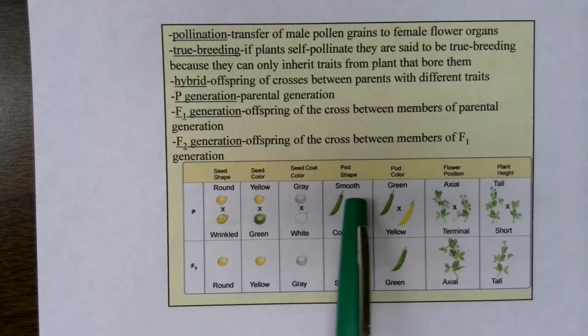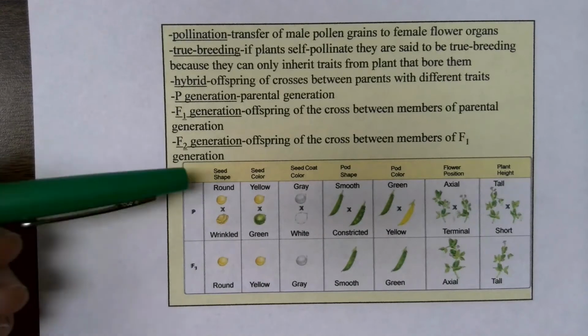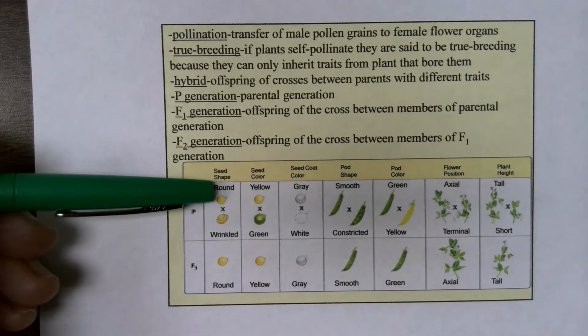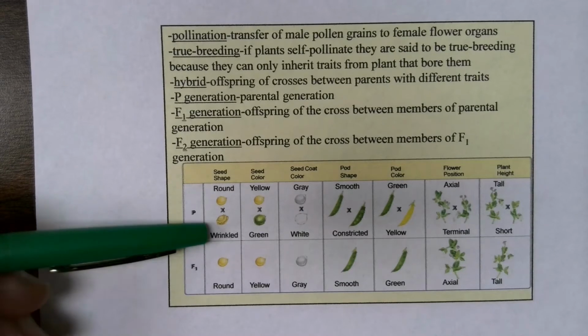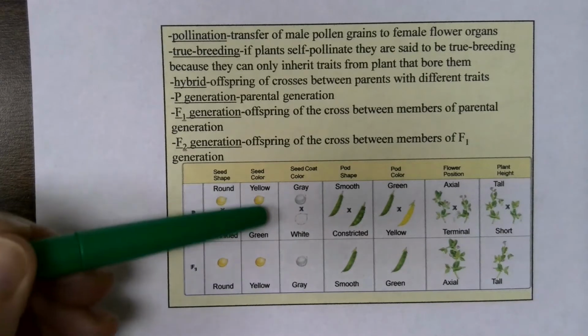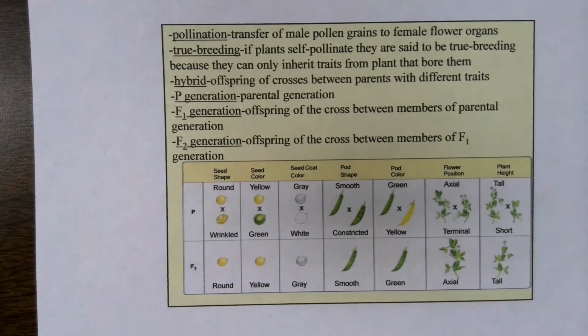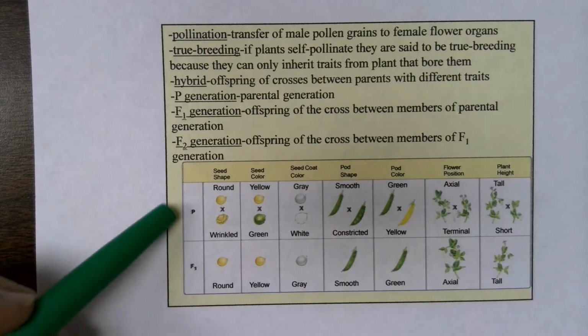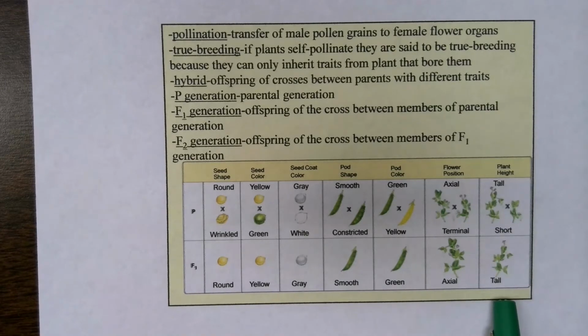So these were the traits that he studied: seed shape, seed color, seed coat, etc. He crossed this parent that we see along the top, round all the way to the right with tall, versus wrinkled all the way to the right with short, and he focused on this trait, and then another time he focused on this one, another time on this one, and he produced hundreds and hundreds of offspring plants as a result of these crosses, and he basically always got the same outcome mathematically, right? So when he did these two crosses initially, he always got this as the offspring, that we see going left to right there.